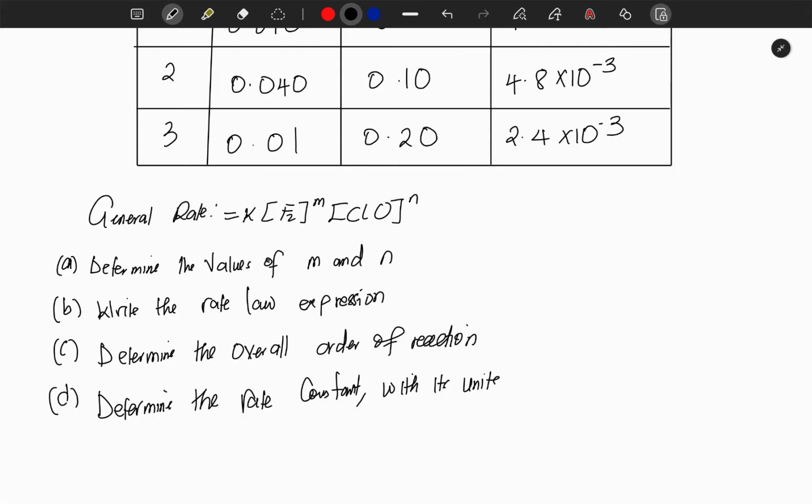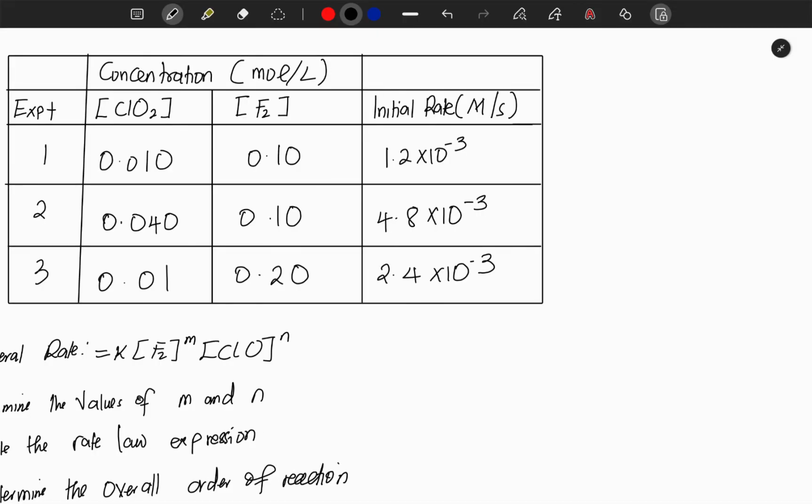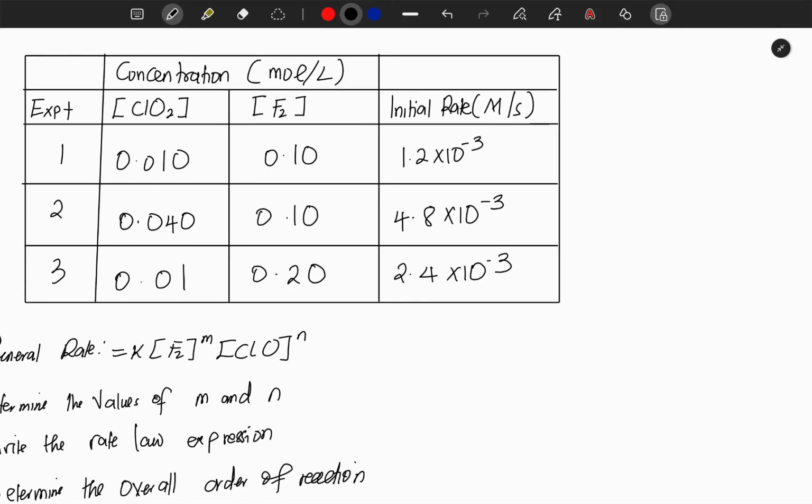All right, so it is very easy. What we do is we can compare reaction rates. So let's go to experiment 1. If I get experiment 1 and experiment 2, these two are cancelling out, so I can work with these two, which is fine.